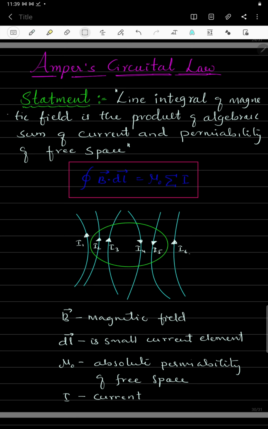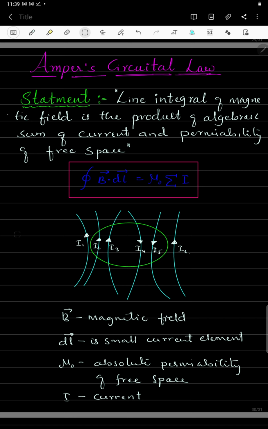Now we will see the statement of Ampere's circuital law. The statement is that the line integral of the magnetic field is the product of the sum of current and the permeability of free space.